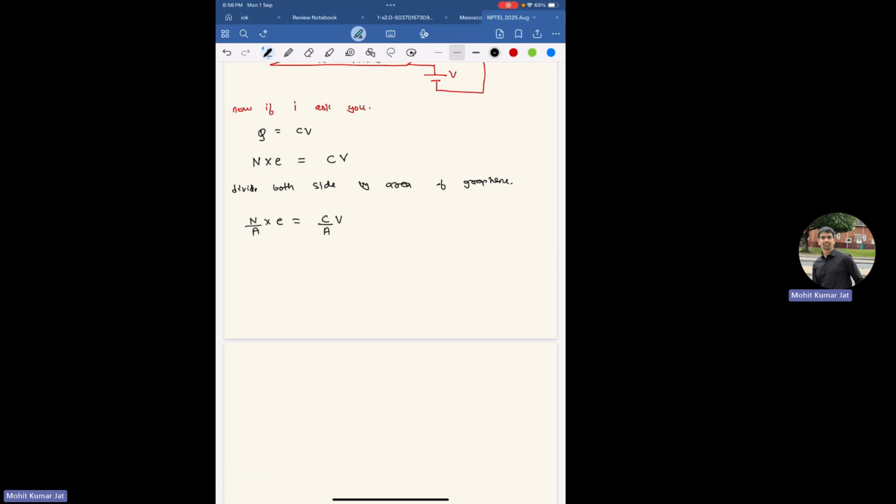N by A, let me write it as C1 by A, where C1 is the capacitance of the circuit.